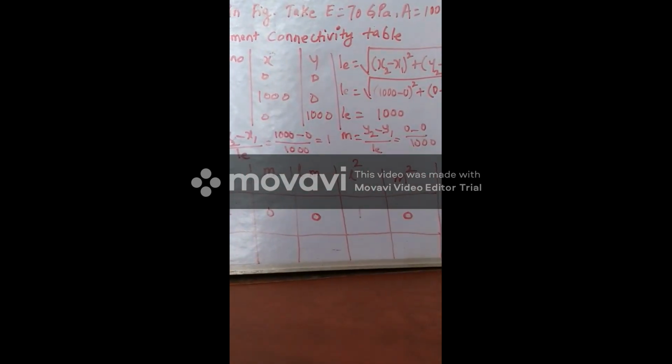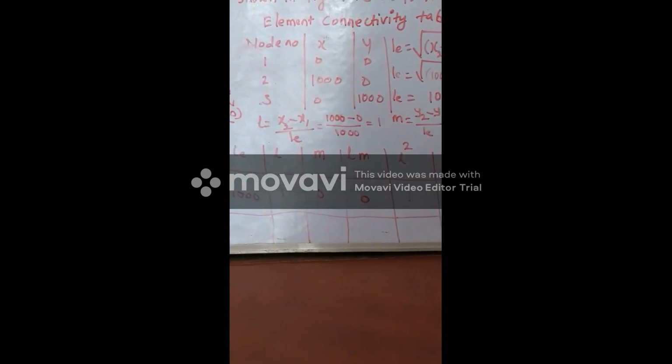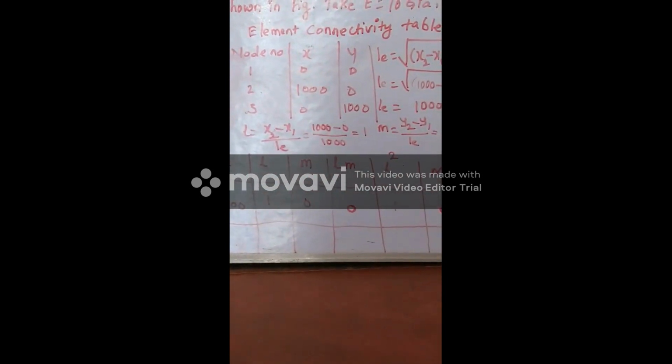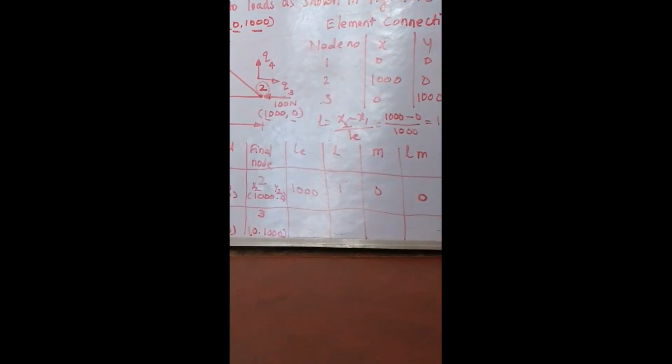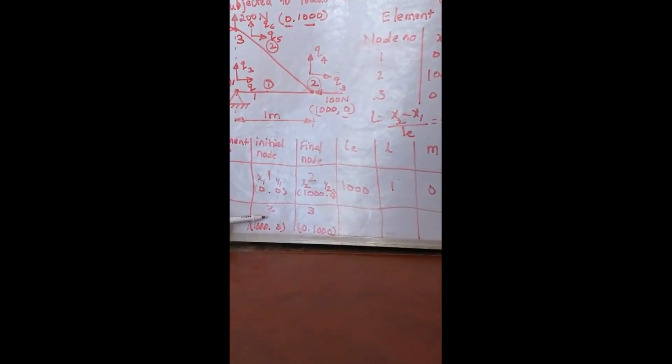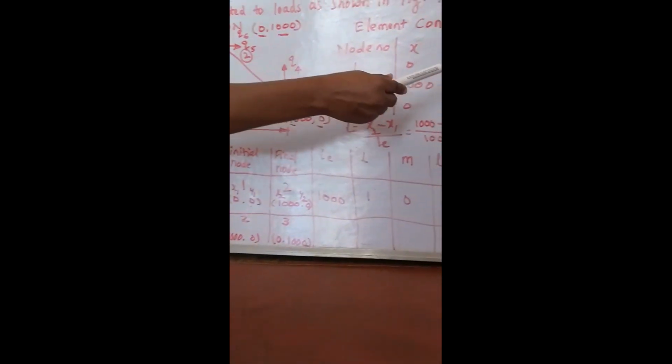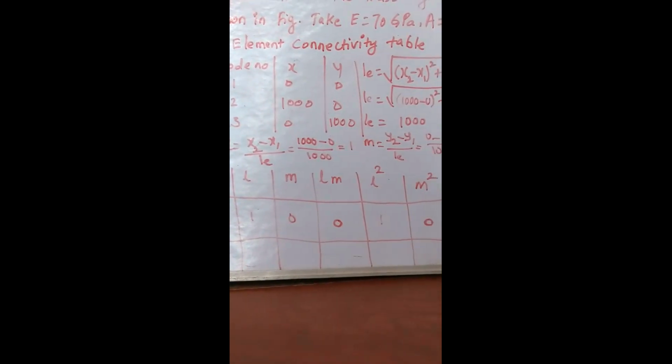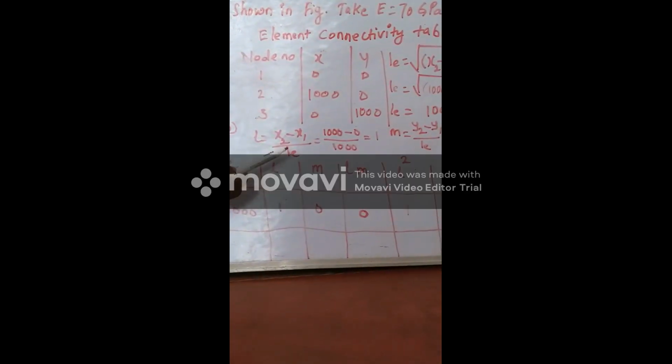Similarly, for element 2, you can find out the length of the element using the same formula, and direction cosines L and m.